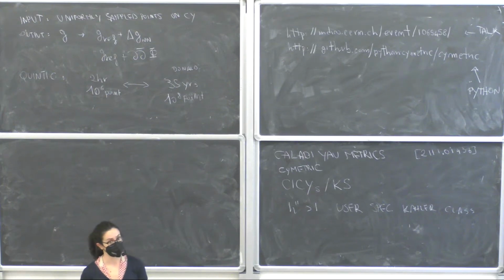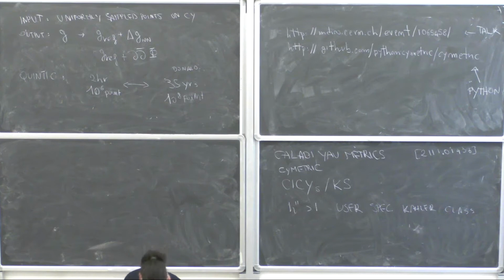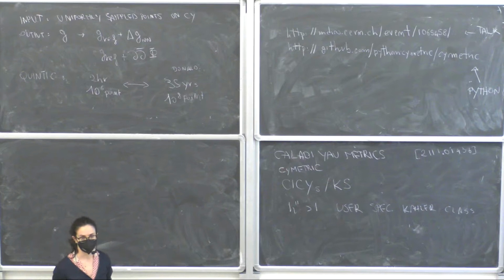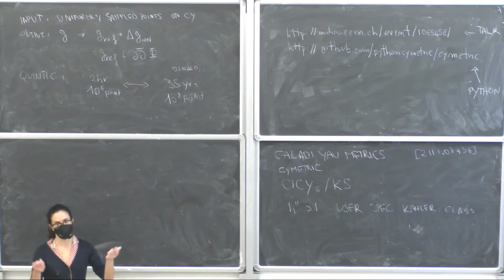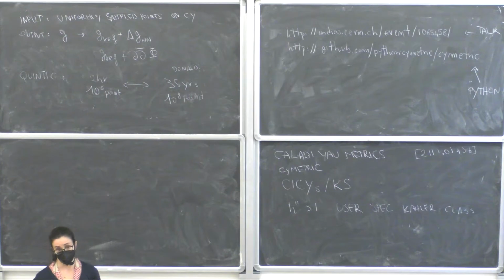I think this is the main reason, because they are using a theorem, and now I'm just citing, by Shiffman and Zelditch, which in principle allows them to find a nice way of projecting points from the ambient space onto the Calabi-Yau in such a way that they can sample them uniformly. Then they need to define the top form.